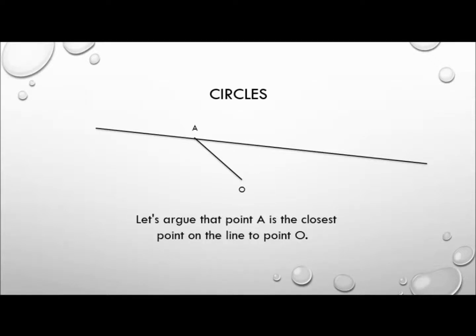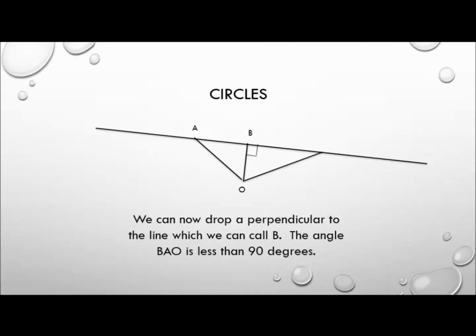Now let's argue that point A is the closest point on the line to point O. We can now drop a perpendicular to the line, which we can call B. The angle BAO is less than 90 degrees.